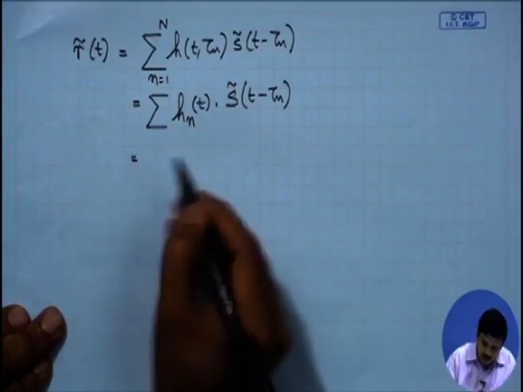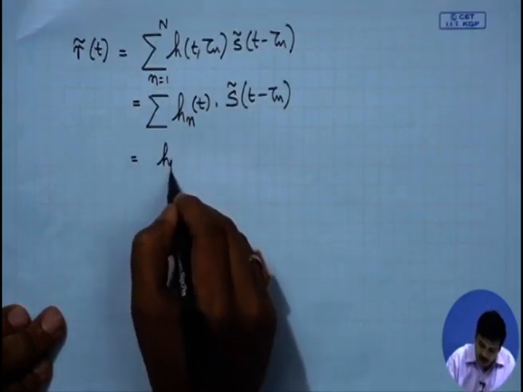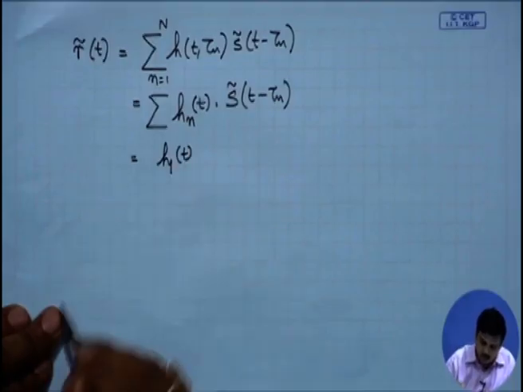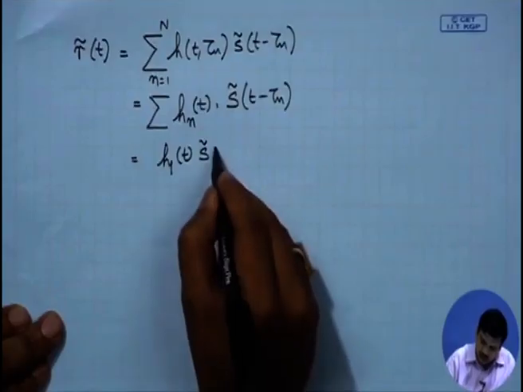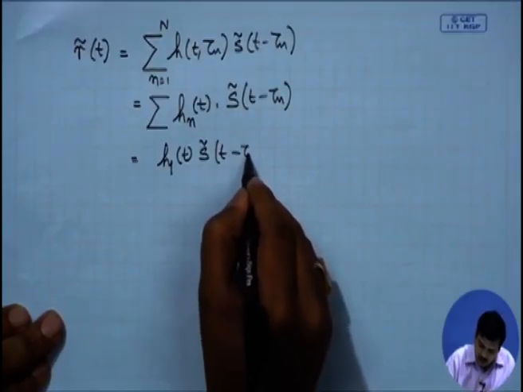If we expand this, we could write this as h 1 of t multiplied by s tilde(t minus tau 1).